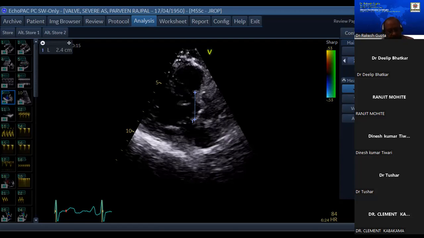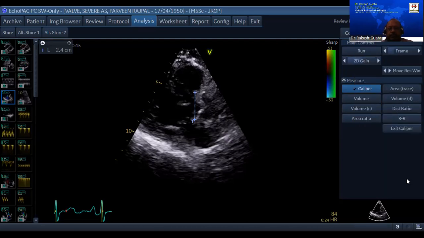Okay. That is LVOT diameter divided by 2, squared, into LVOT VTI. No. LVOT diameter divided by 2 and squared, multiplied by 3.14, that is pi.